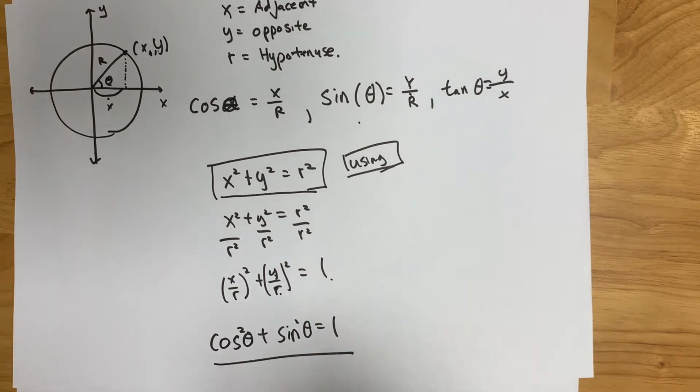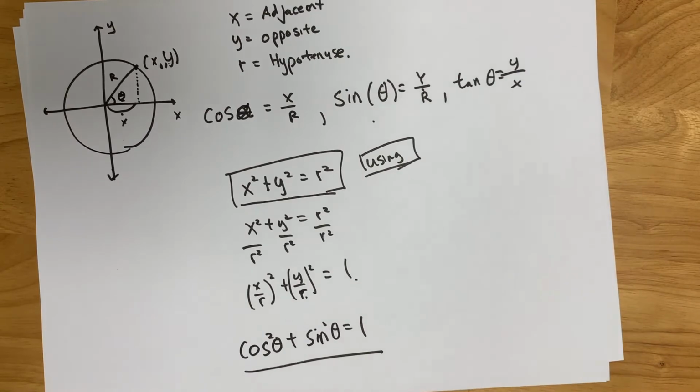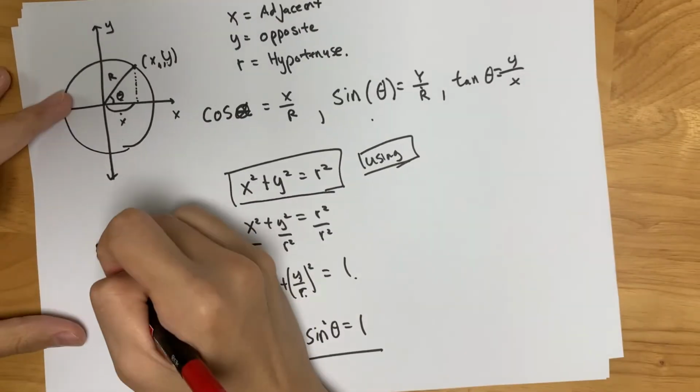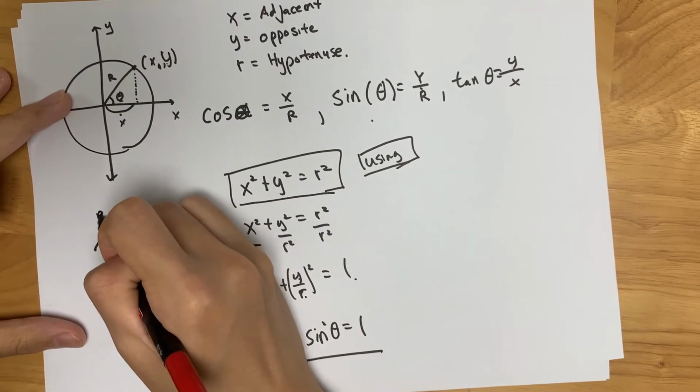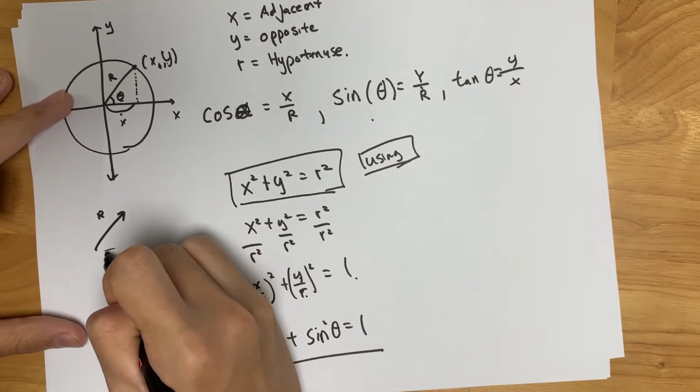And by the way, before I move to the next one, you're going to solve a lot of problems with velocity and acceleration, and they have vectors. Vector is the next lecture, but it's going to have a certain direction. Let's say this is r, and these are independent. So just know that.